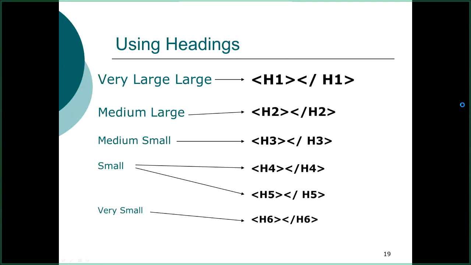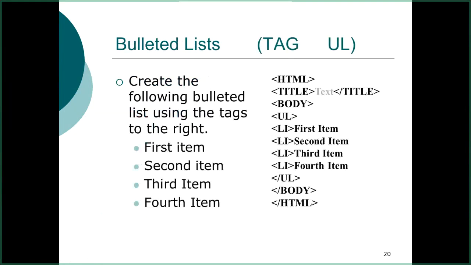The bulleted lists is where we are using unordered lists. Okay, so UL, unordered list.